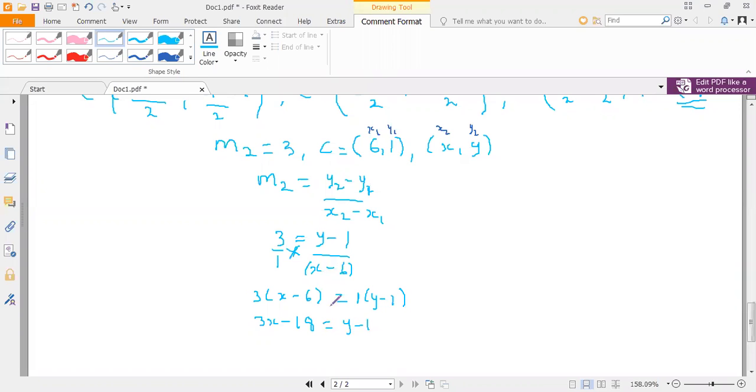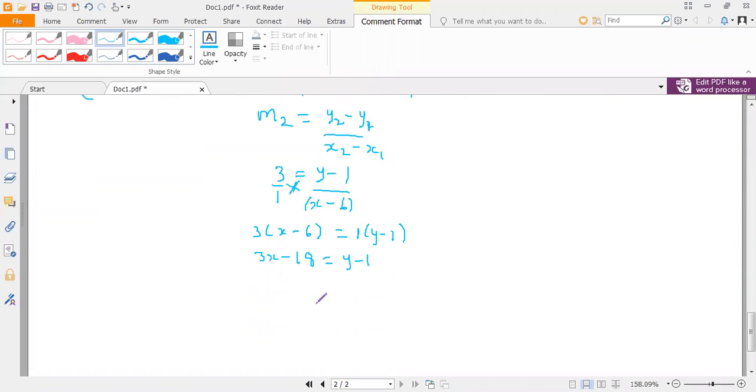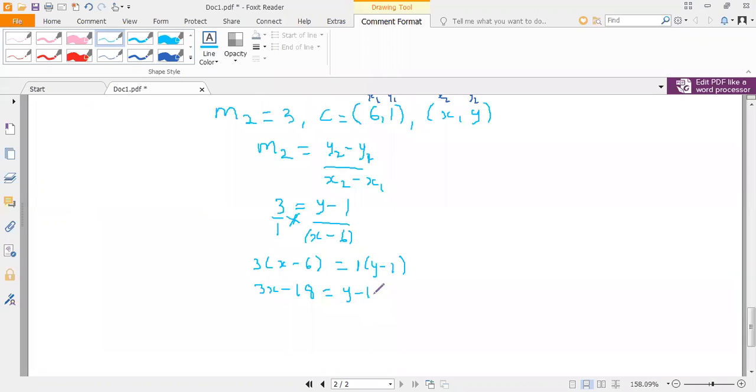When we open the brackets here, we have 3x minus 18 being equivalent to y minus 1. To write the equation of the line, we can decide to make y the subject of the formula. So we take negative 1 to the other side, and on the right hand side, we remain with y equaling 3x minus 18 plus 1.